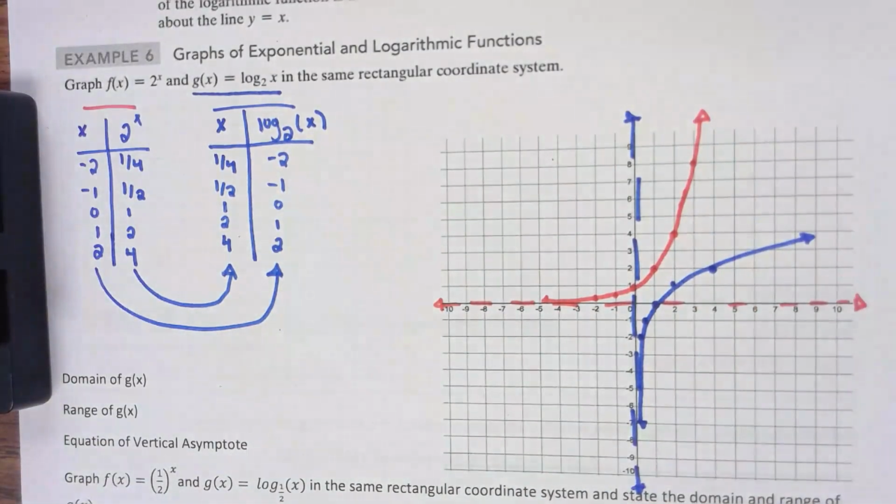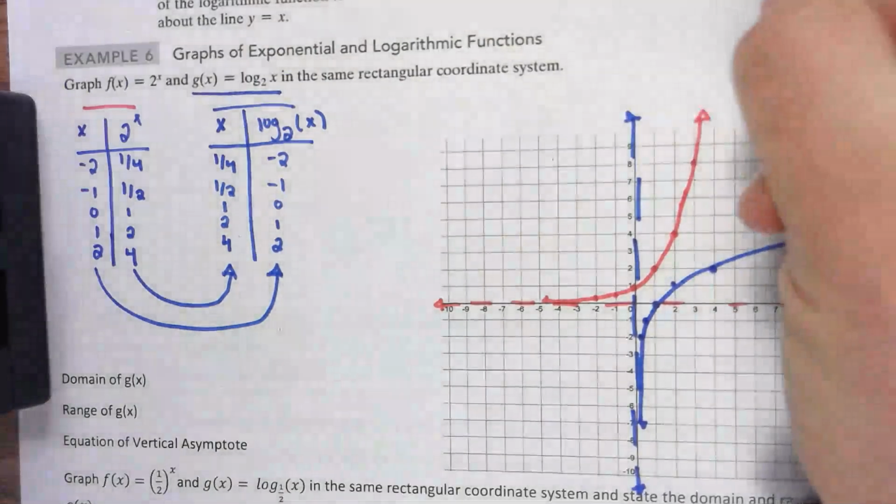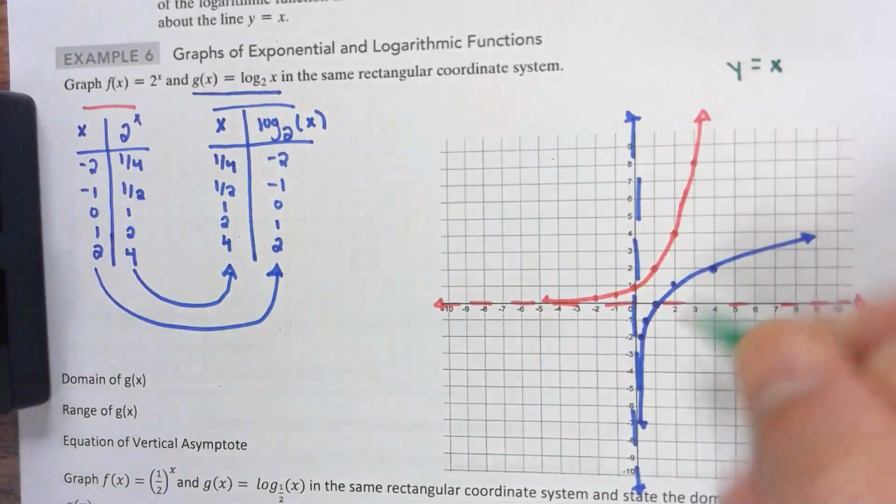Okay, and one thing that we did chat about with inverses, we didn't do a whole lot with this, but I did mention that we can tell a graph is an inverse of another if it is reflected across the line y equals x. So in green, just so that we can see this, I'm going to graph that line y equals x.